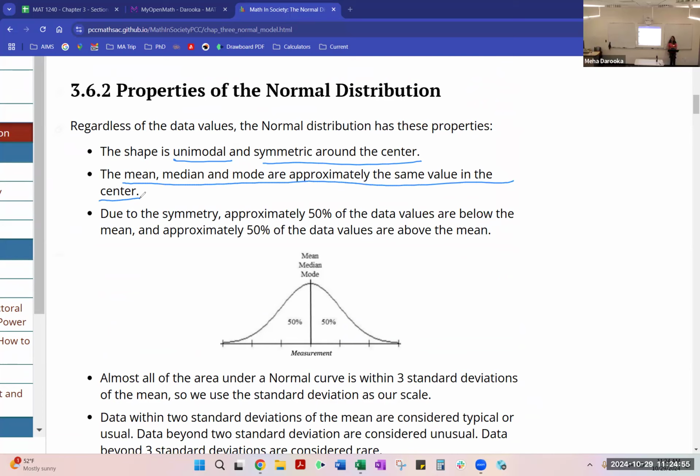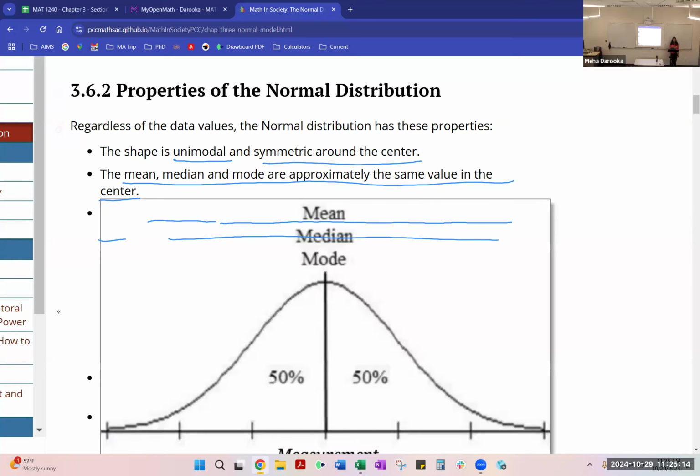And due to the symmetry, because a bell-shaped curve will have symmetry, approximately 50% of the data should be below the mean and 50% of the data should be above the mean. You can see in this image the labels: mean, median, mode, all in the center of the bell-shaped curve, with 50% below and 50% above. That symmetry is very, very crucial, guys.